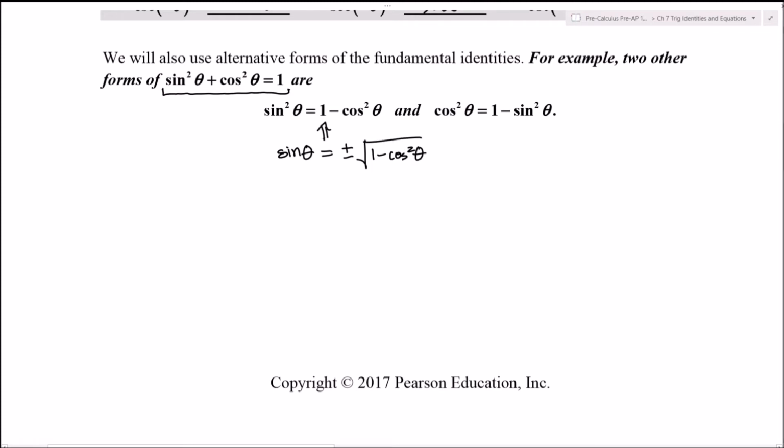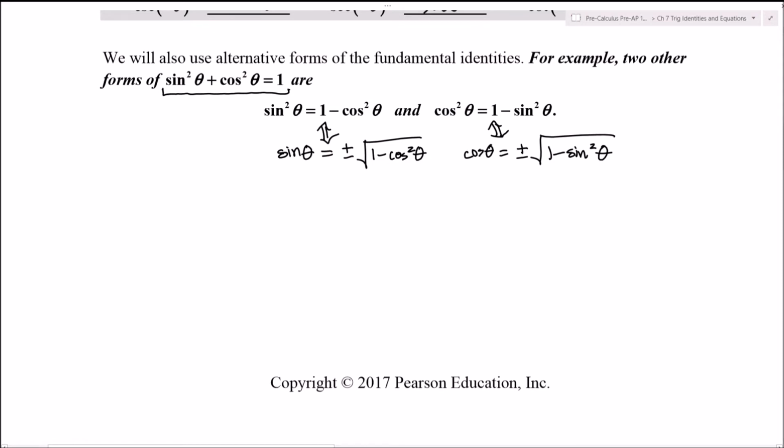So these two are basically the same thing by the power property or the square root property, one of those two. Cosine squared theta, if you square root both sides, you get cosine theta equals, same thing, plus or minus a square root quantity. In this case, it's 1 minus sine squared theta. And these two are basically the same thing.